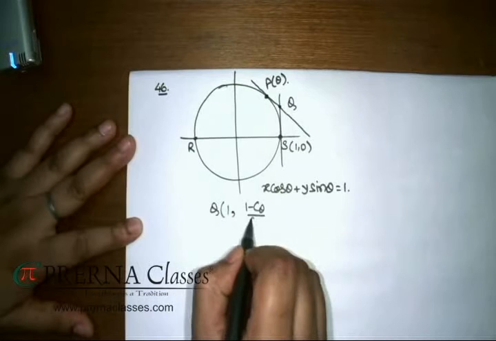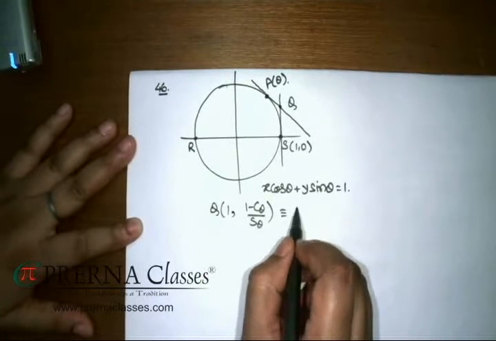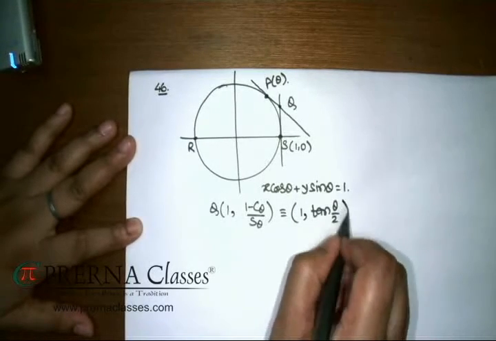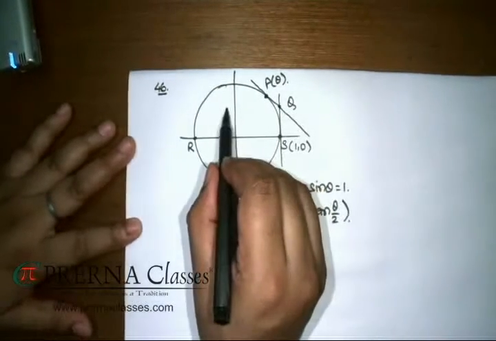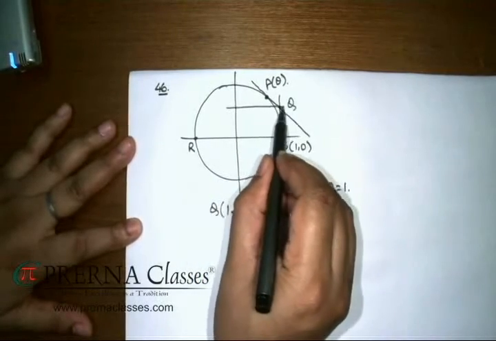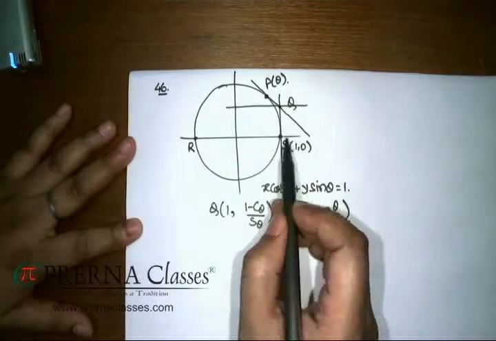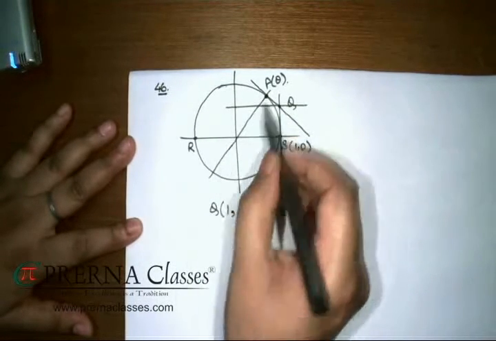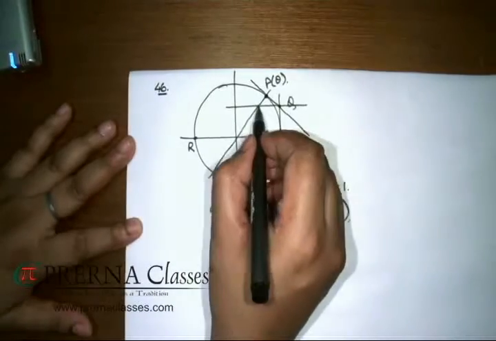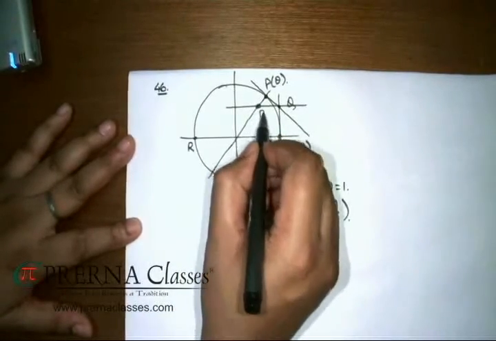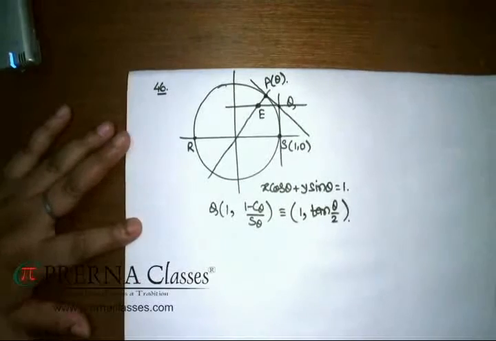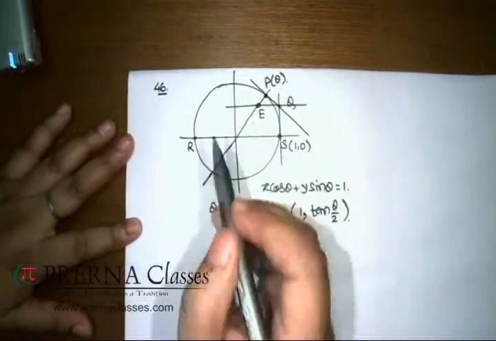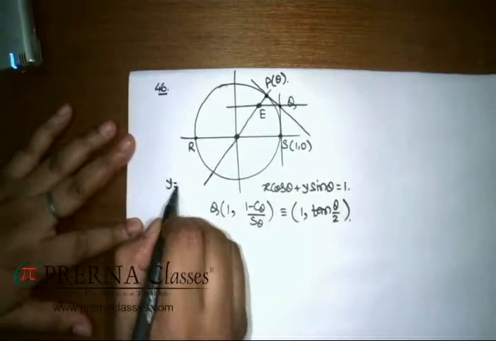which is nothing else but tan of theta by 2. And then through this point Q, a line is being drawn parallel to RS, and that intersects the normal through P to that circle in some point E, and you have to figure out the locus of E. One thing you can notice is that this line which passes through the center of that circle, you can directly write as y equal to tan theta x.